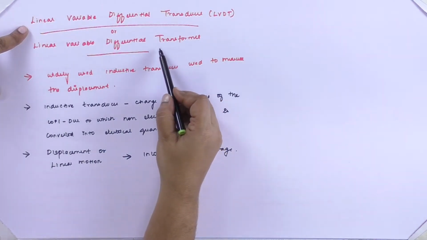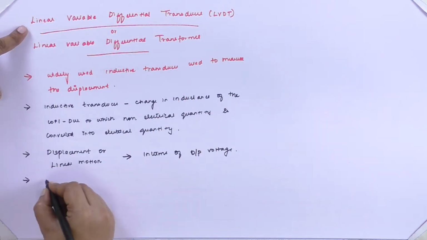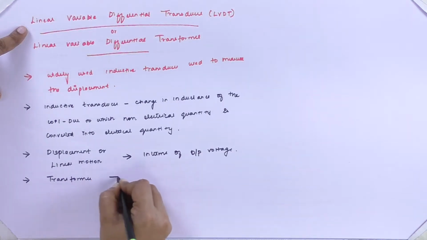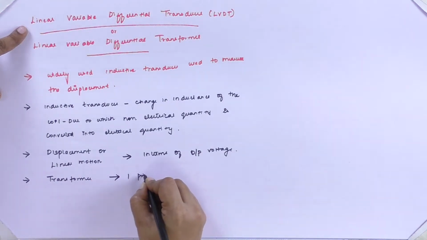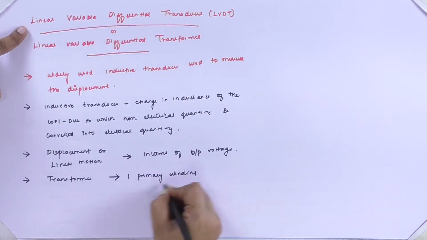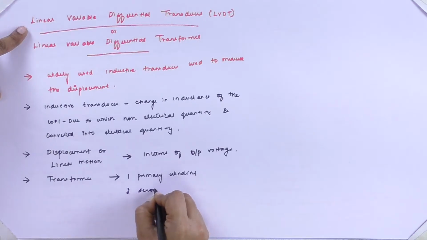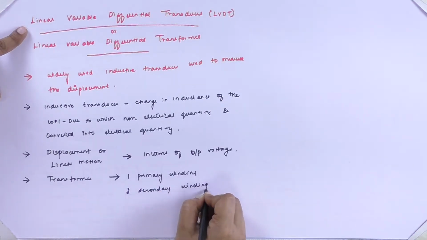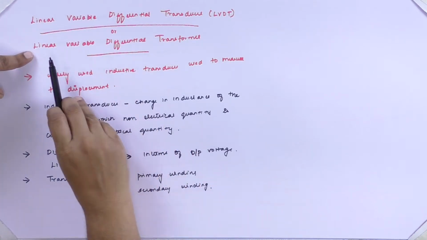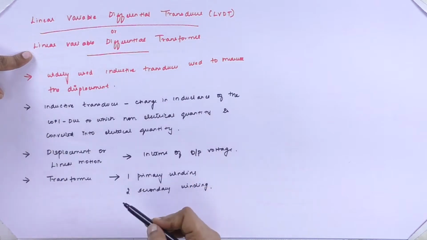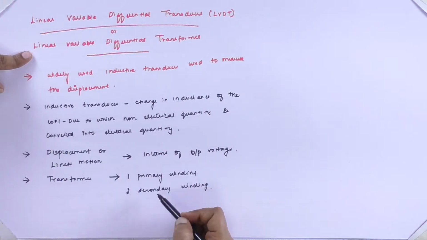Why we are calling it a transformer is that here we have a transformer which has one primary winding and two secondary windings.